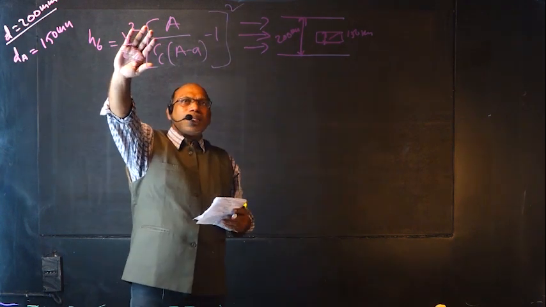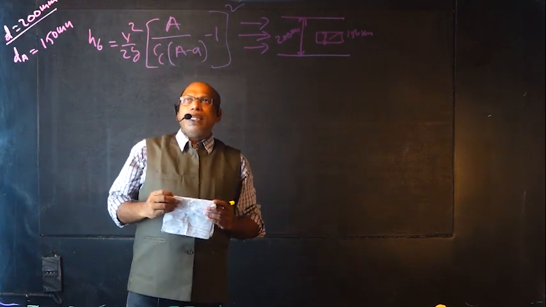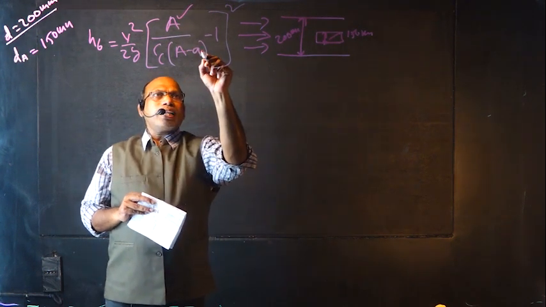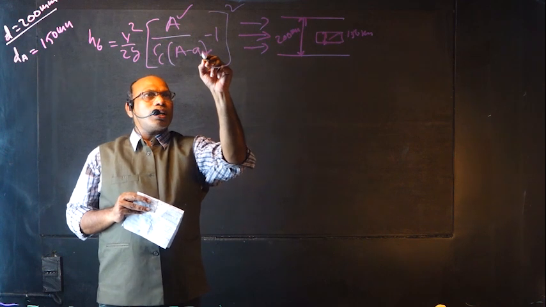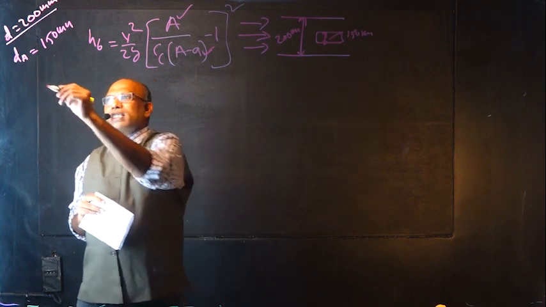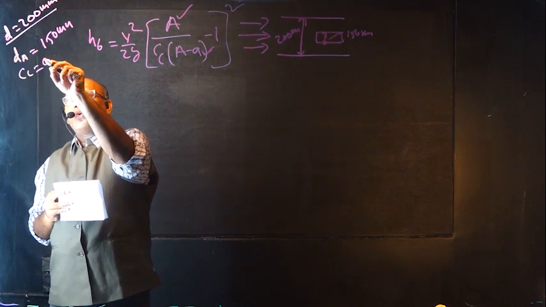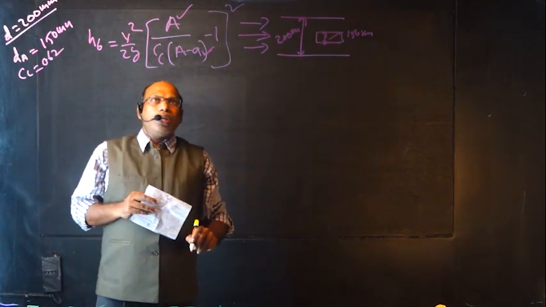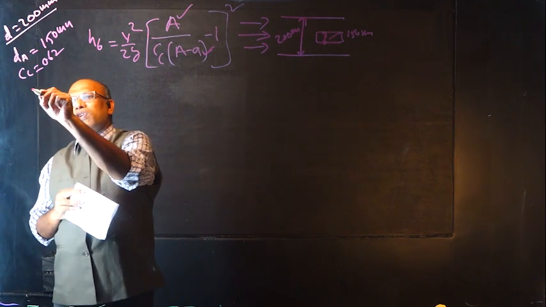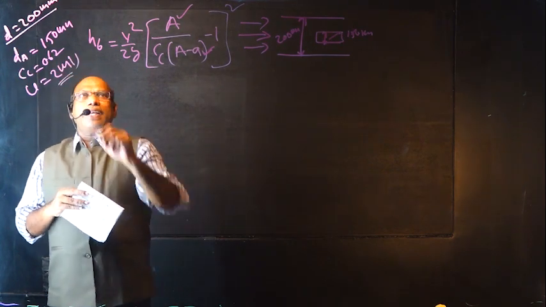Here, A is the cross-sectional area of the pipe, small a is the cross-sectional area of the obstruction. Coefficient of contraction Cc is given, equal to 0.62. Velocity of flow in the pipe is also given, V equal to 2 meter per second.